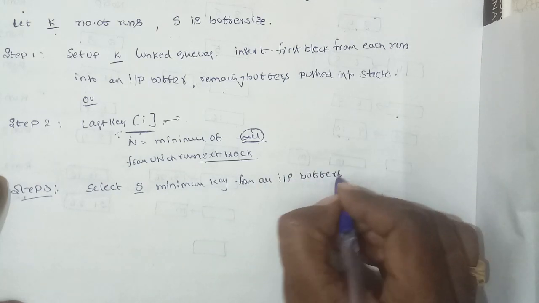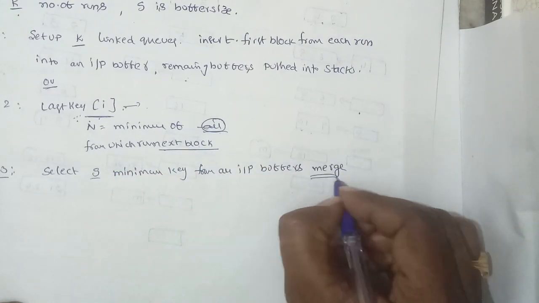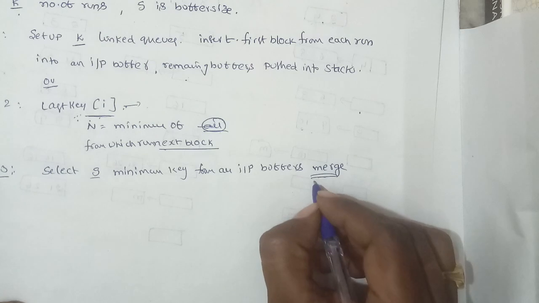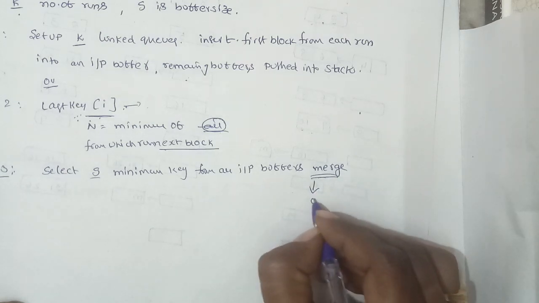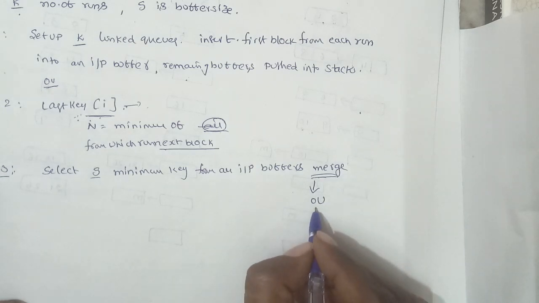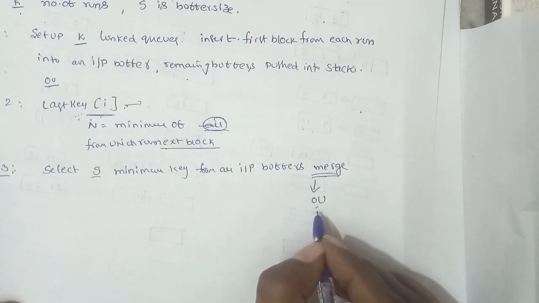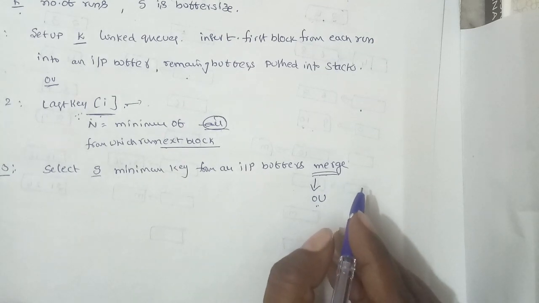At the same time, perform the merge operation and place the result into the output buffer. If the output buffer is full, it is placed onto the disk.